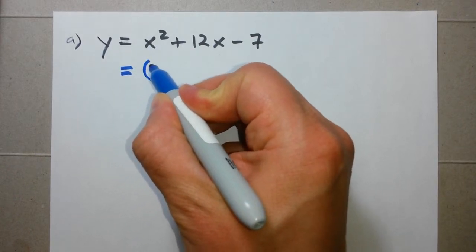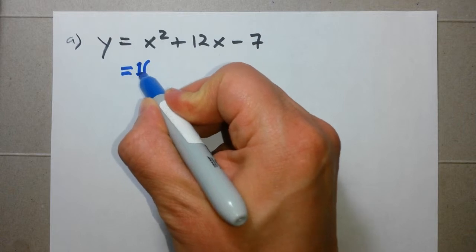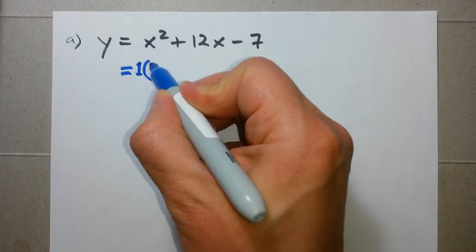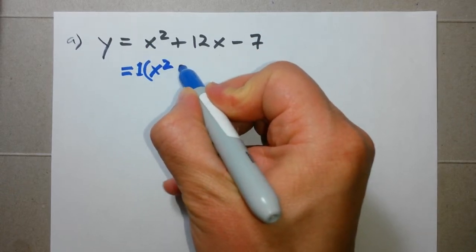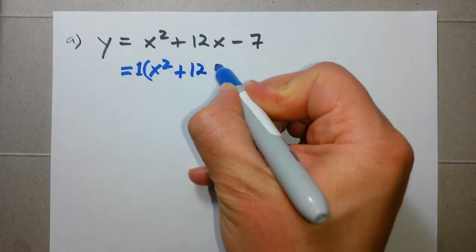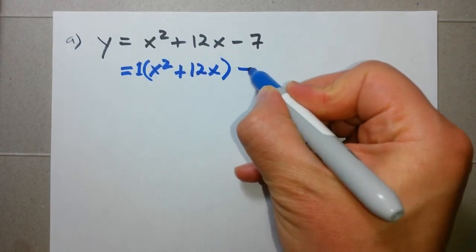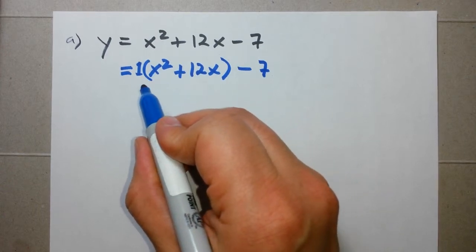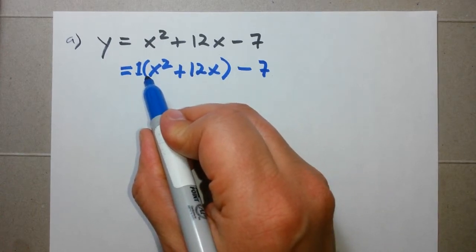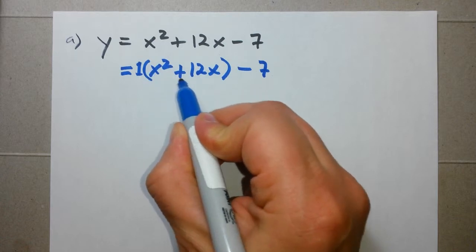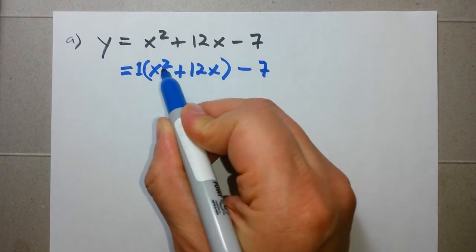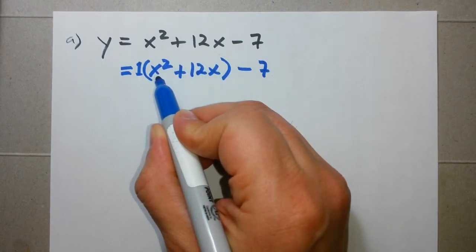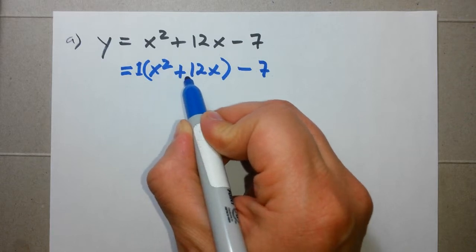I'm not going to write the 1. Okay, fine, I'll write it just for now. So we factor out 1, and we end up with x squared plus 12x in brackets, and the minus 7. Good. So now the next step is that we need to take this expression in brackets and turn it into a perfect square trinomial.